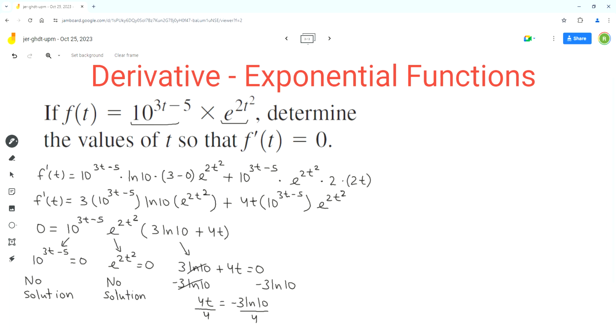So the 4 on the left side gets cancelled out and we are left with negative 3 ln 10 over 4. So this is the value of t at which f prime of t is equal to 0. So there is only one value of t that makes it possible.